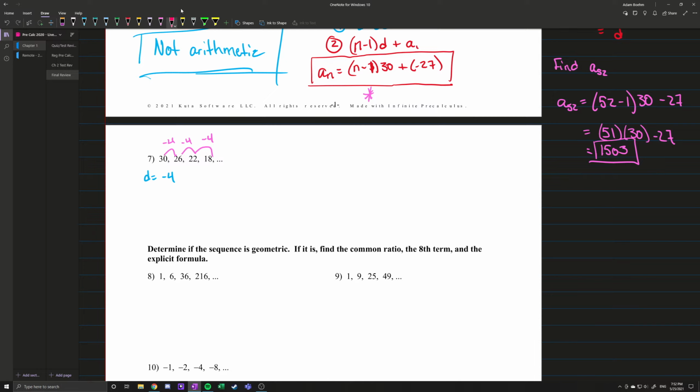Part 2 is to find the nth term, right? So an is going to be equal to n minus 1 times our common difference plus our first term. And again, if you want to simplify this, you can.